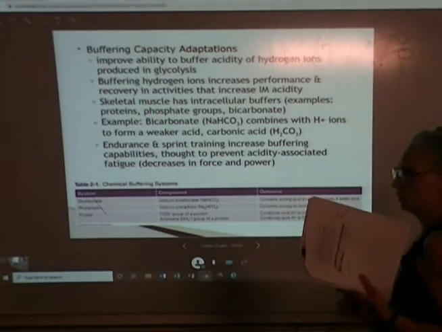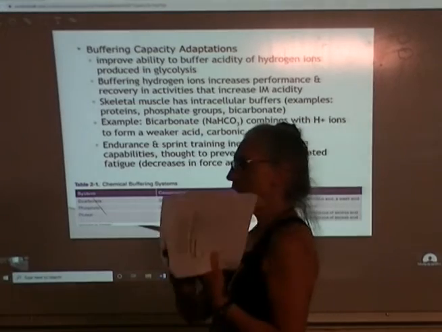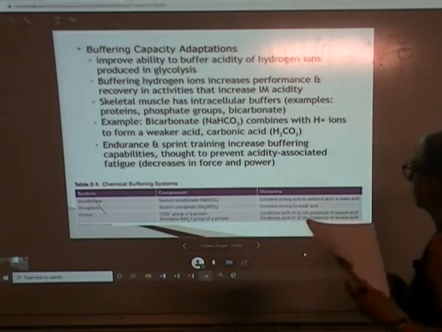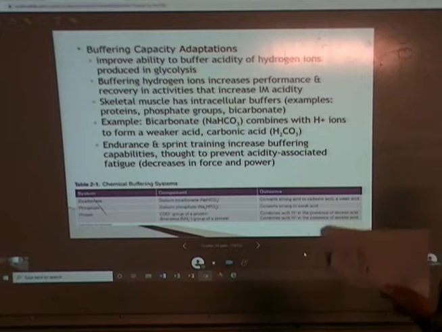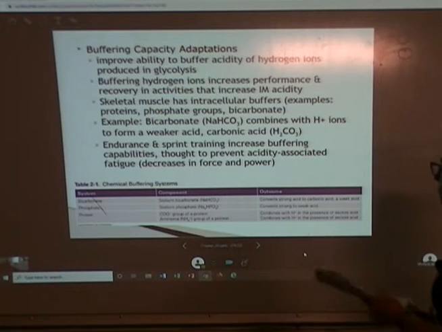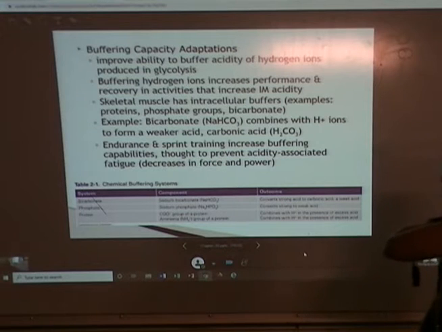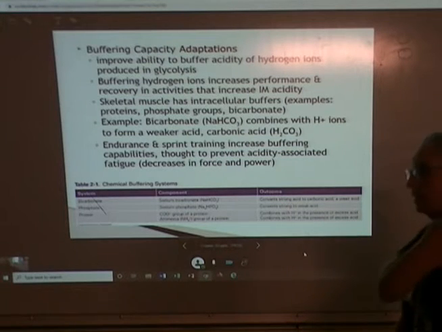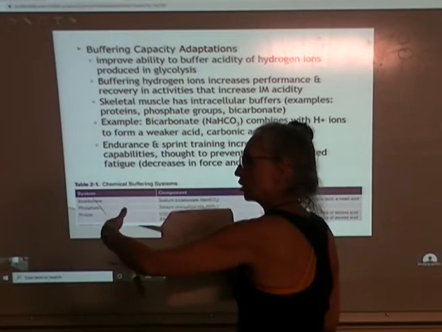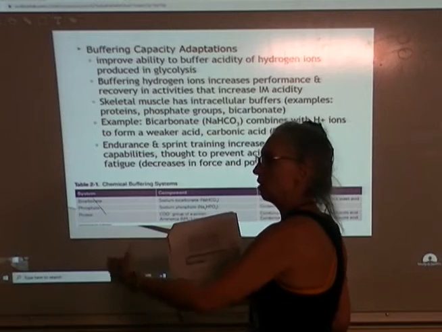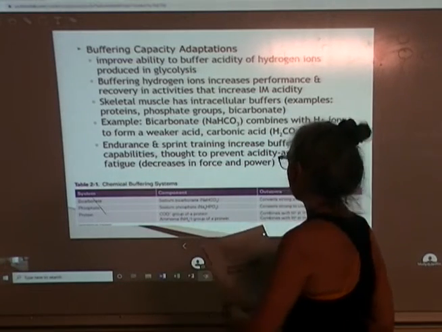So endurance training and sprint type training increases the levels of these buffering molecules within the cell. Okay, so that, I don't know, it says thought to prevent acidity-associated fatigue. I think it's a bit of a stretch to say it prevents it, but it delays it, right? It gives me a little bit of extra time before I start to see a decrease in power.